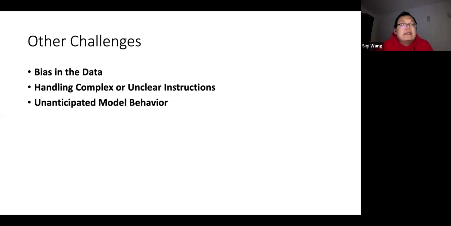And the third is unanticipated model behavior. Even after fine-tuning, models might give unexpected or inappropriate responses in certain situations. This unpredictability remains a big concern.